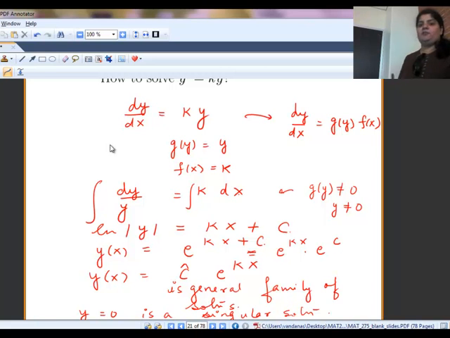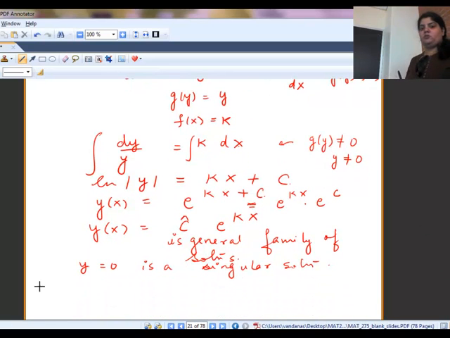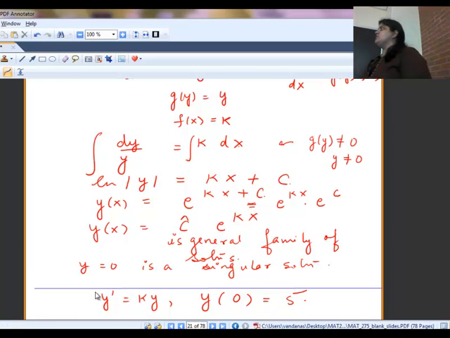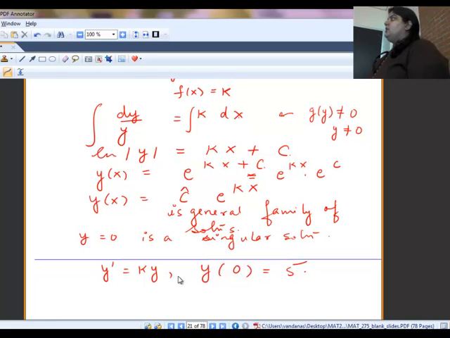Okay, so if I were given an initial condition here, let's do this part as well. Suppose together with this problem y prime equals ky, I am given y at 0 is 5. Now this is a first order differential equation, so I only need one initial condition, right, because of first order. Okay, so I will stop here. I won't write down the information about derivatives. Now let's plug it in.